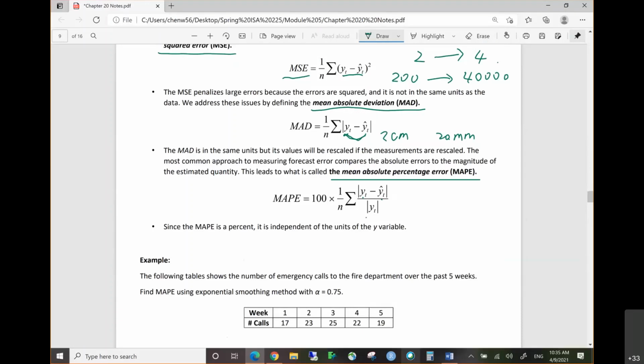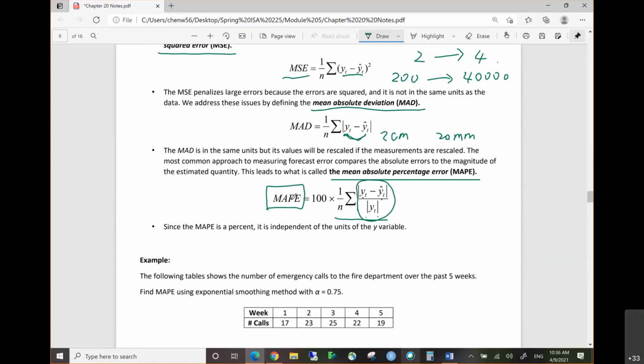Then you sum all of these terms together and divide by n, which gives a proportion. Times 100 gives the percentage. We call this the MAPE, M-A-P-E. This MAPE can solve all of these problems.